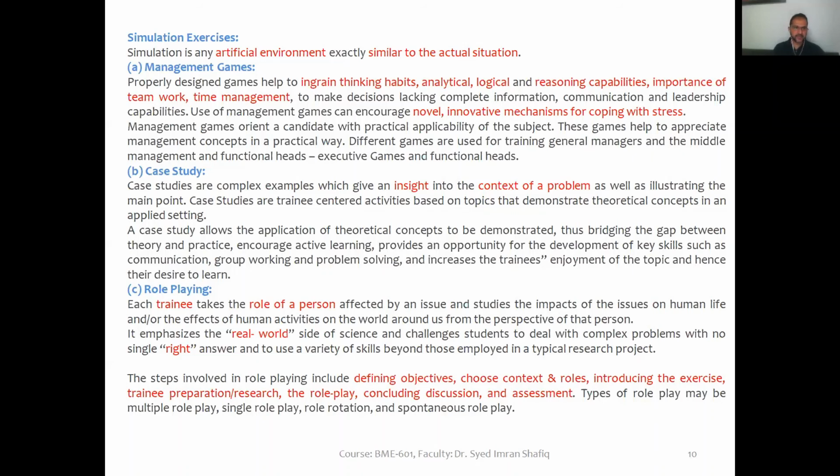Another one is case studies. In that, complex examples of businesses are studied to give the insight and the context of the problem, illustrating main points. For example, a case study can be given to new employees on why Kingfisher Airline failed, and they are supplied with a lot of research material and study material.